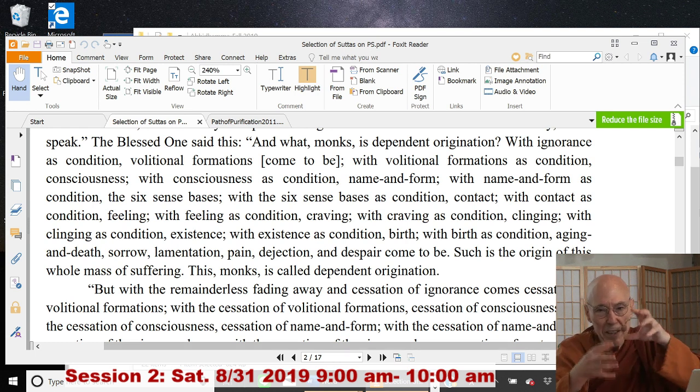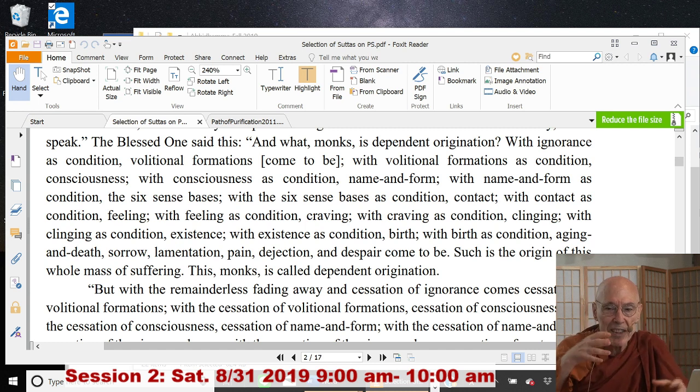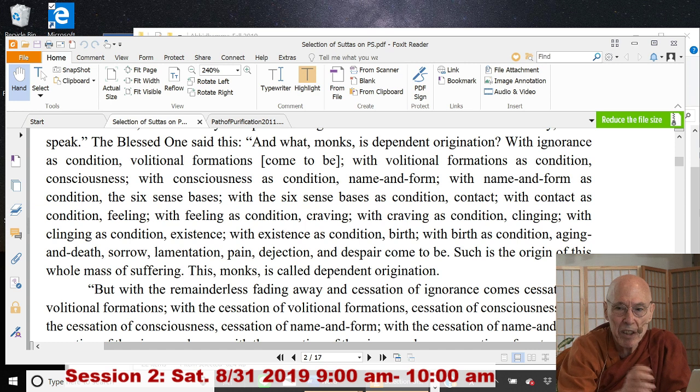And so I'll just give first a general synopsis of the meaning of the 12 factors as they're grouped together. And then we'll explore the definitions of the factors going through individual suttas.